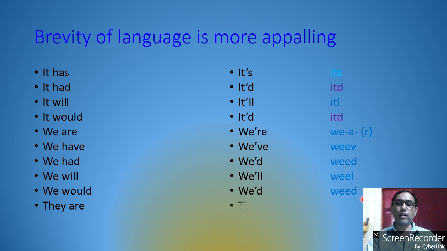Lastly, they are. Its short form is they apostrophe re, and it is pronounced as they're. Again, I repeat, they're. Simply say they're going, boys. Like that, you have to pronounce.